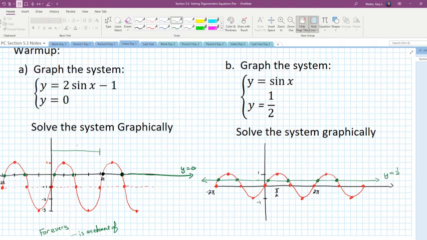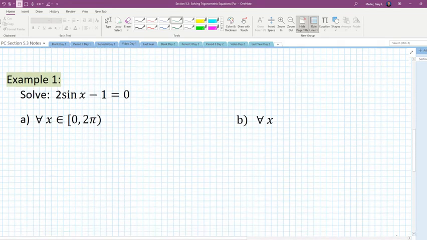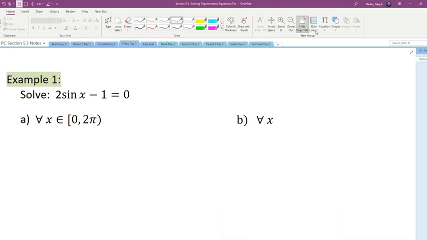So here we go. Graphing didn't work very well, so now let's find it another way. Long story short, we're just going to do algebra here. So I'm going to get rid of the graph paper now. If I'm going to solve 2 sine of x minus 1 equals 0, I'm just going to do algebra to get x by itself. I see 3 things that I have to deal with: the minus 1, the 2, and the sine, because I want to get x by itself.